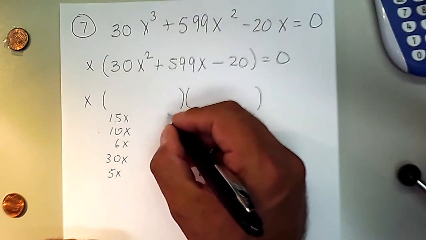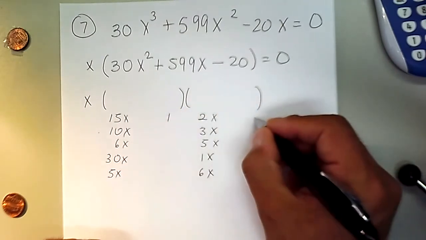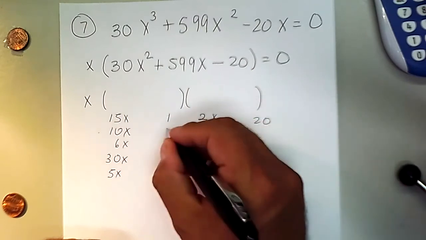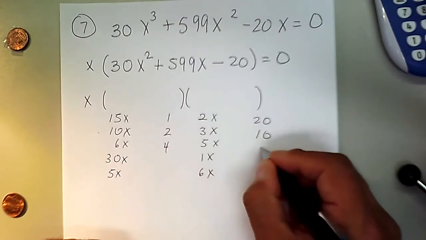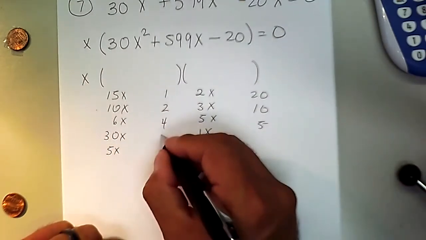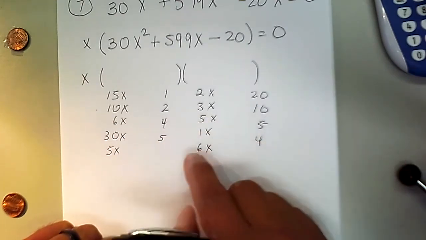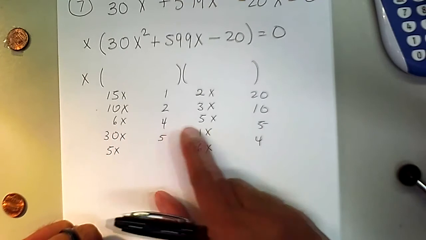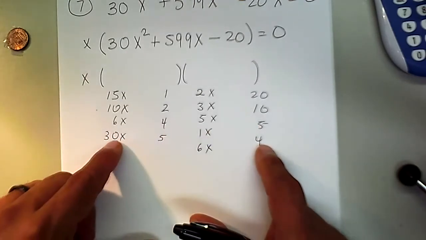We have 1 and 20, or 2 and 10, or 4 and 5. Those are the pairs that make up the 20, or 5 and 4. And you're probably thinking, wait a minute, we already did 4 and 5, so why are you doing 5 and 4? Well, this is the reason.